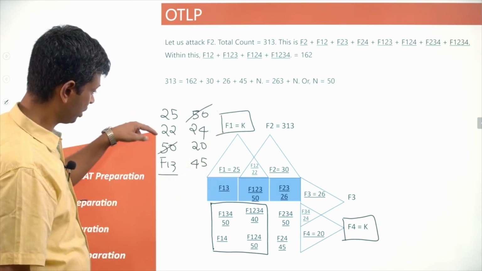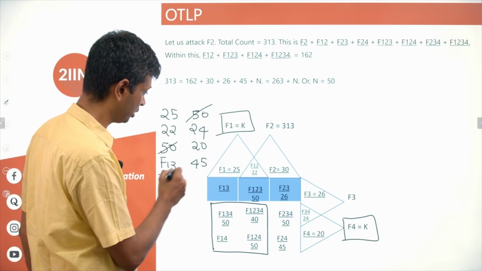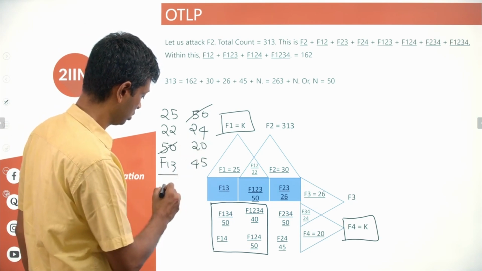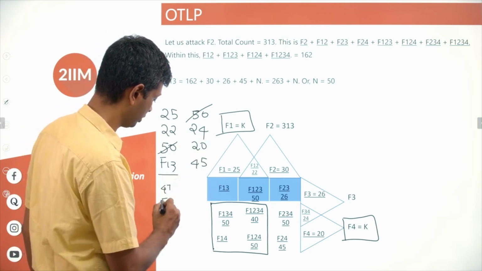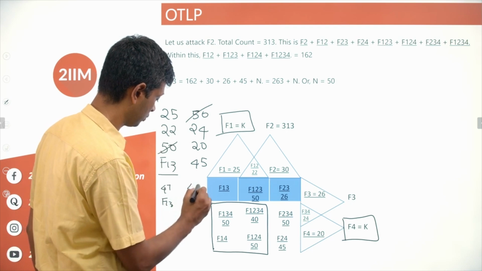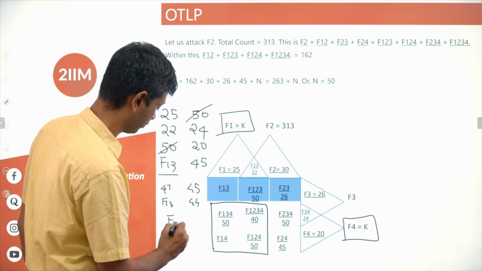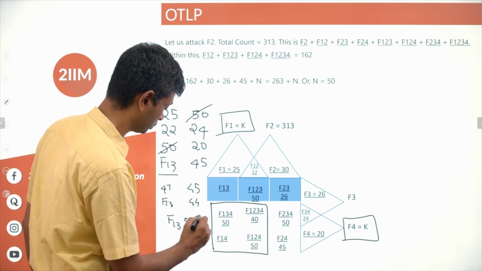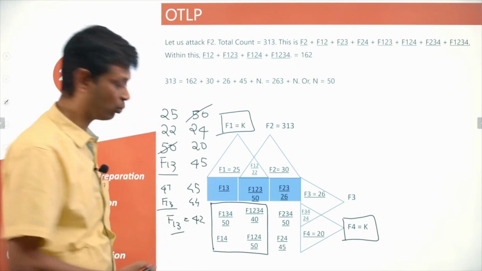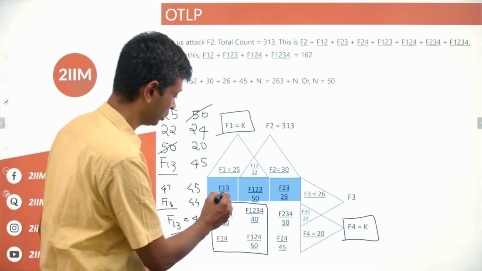This is 47 plus F13 is 45 plus 44, or F13 is 42. Remember, this F13 only. This number is 42.